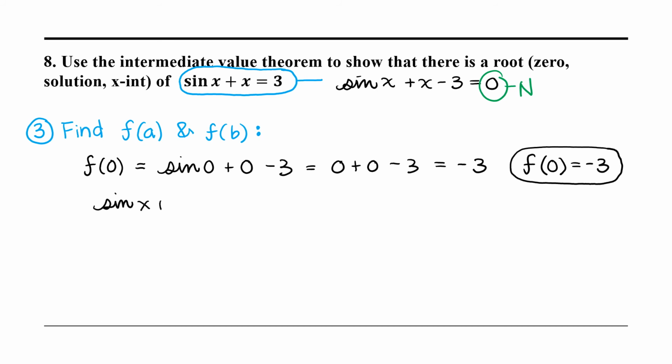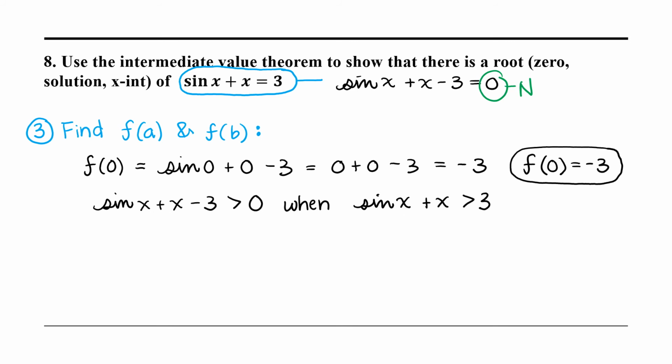Sine of x plus x minus 3 is going to be greater than 0, so positive, when, well, let's just add 3 to both sides. So when sine of x plus x is greater than 3.